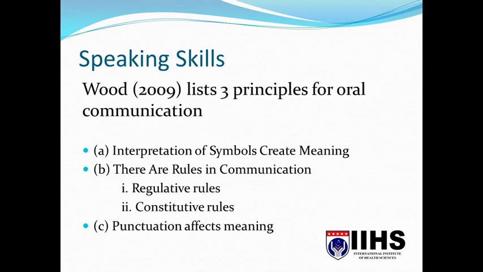Speaking skills. Wood, according to his 2009 book, lists 3 principles for oral communication. They are: interpretation of symbols create meaning. There are rules in communication like regulative and constitutive rules, and then punctuation.